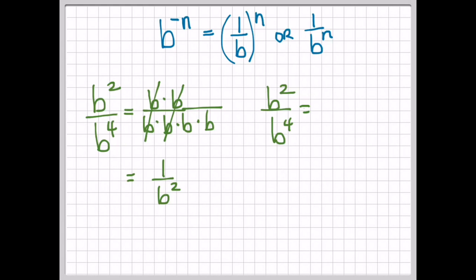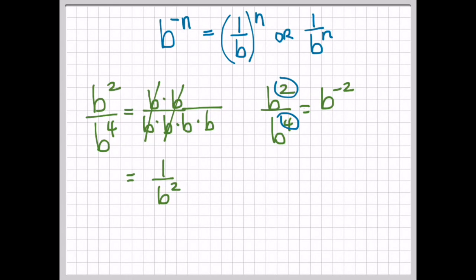But if I use the quotient of powers rule over here on the right for that same problem, b squared over b to the fourth, we would say 2 minus 4 is going to give me negative 2. So that answer is going to be b to the negative second power.